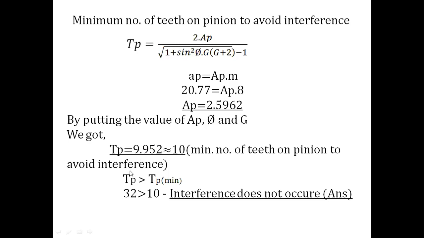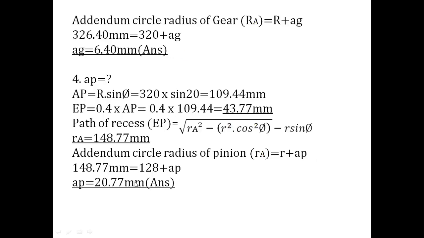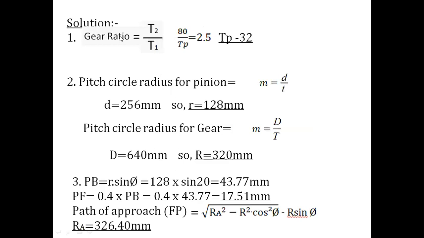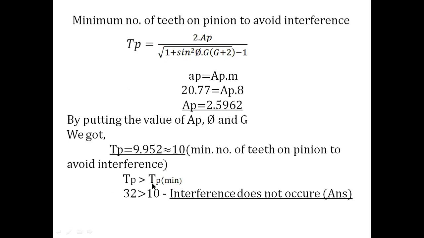We have already found it with the help of the gear ratio formula G. The teeth on pinion is 32, but the minimum number of teeth to avoid interference is 10. So 32 is greater than 10. At that time, your answer will be that interference does not occur. This is your final answer.